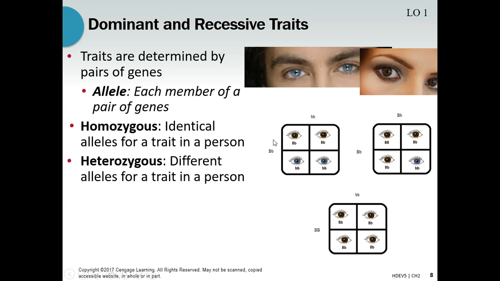And so if you look at this person over here, and I'll show you this slightly bigger in just a moment, this is an uppercase B, lowercase b. That means that, let's say, mom in this scenario has heterozygous alleles. Heterozygous meaning different, the capital B and then a lowercase b. That means she has one dominant allele and one recessive allele.